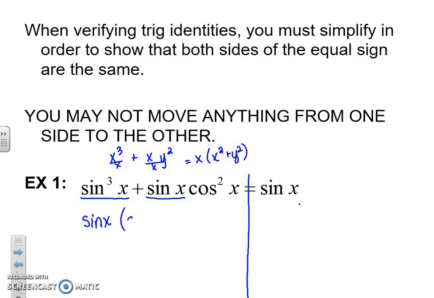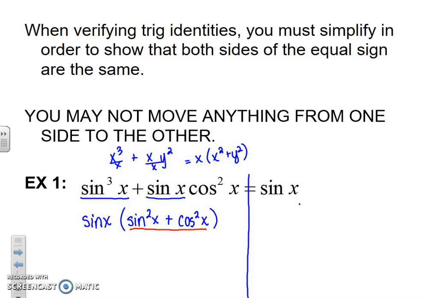That will leave a sine squared x, and then in the second term we'll have cosine squared x. You can see now that there should be an identity popping out to you right here. Sine squared x plus cosine squared x is our Pythagorean identity, so we can replace that with 1.